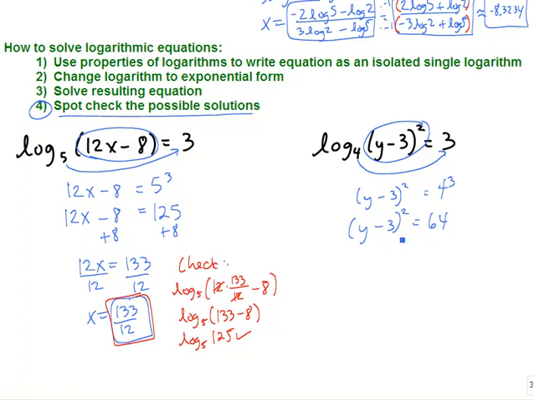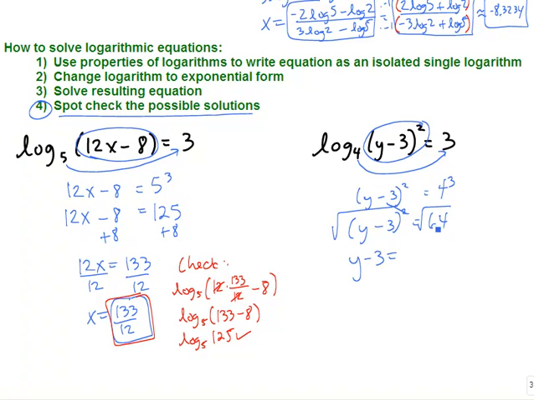And we get a little lucky on this one because we can use that square root property here to solve for y. The other option would be to FOIL all of this out, subtract 64 to get your 0, and then try to factor that quadratic. But as a shortcut here, we can just go ahead and take a square root of both sides right away. The square root and the square cancel out, giving you y minus 3.